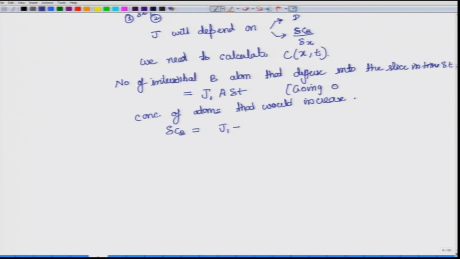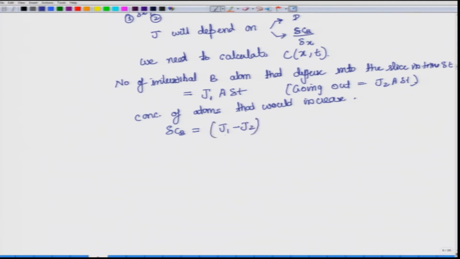What is going out will be equal to J2 A delta t. So, obviously the number that is coming in is higher, because the concentration gradient is higher at x and lower at x plus delta x. So, going in is equal to J1 A delta t, going out is equal to J2 A delta t, where J2 is smaller.